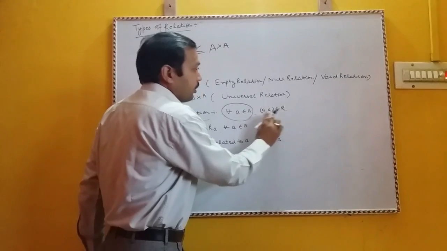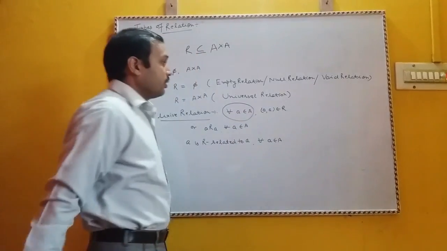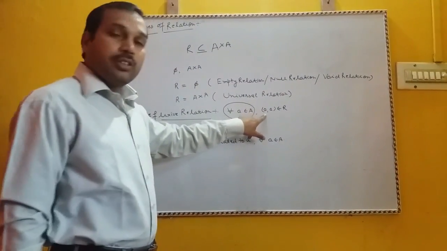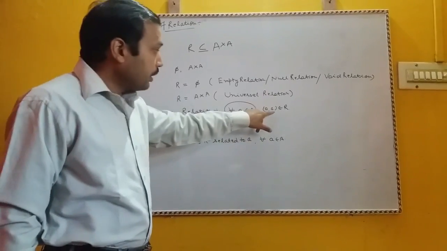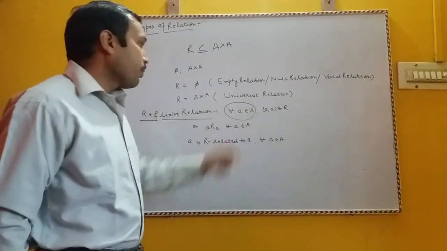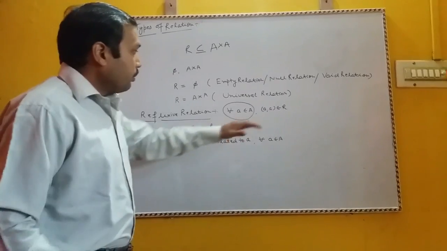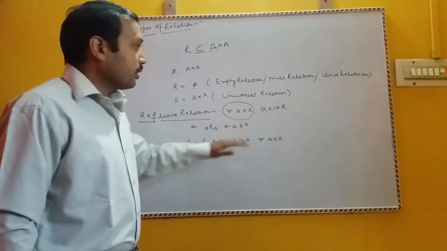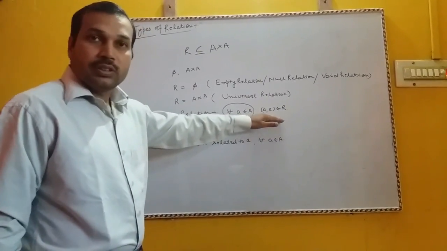A comma A, ordered pair A comma A, means image of element A is itself A. इसको सिंपल भाषा में कहें कि प्रत्येक एलिमेंट्स की मिरर इमेज होनी चाहिए.